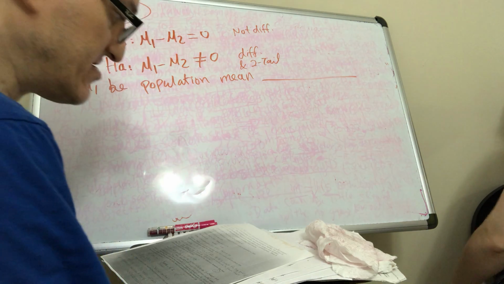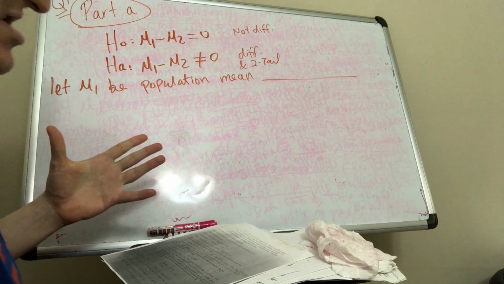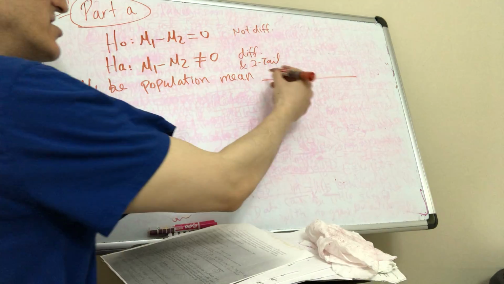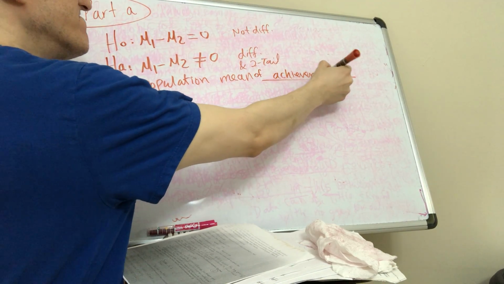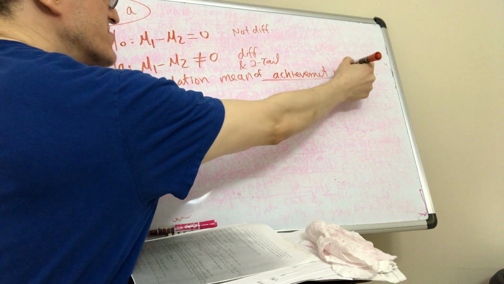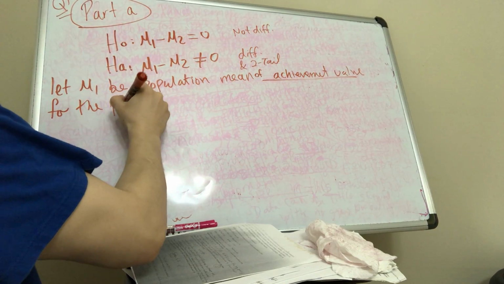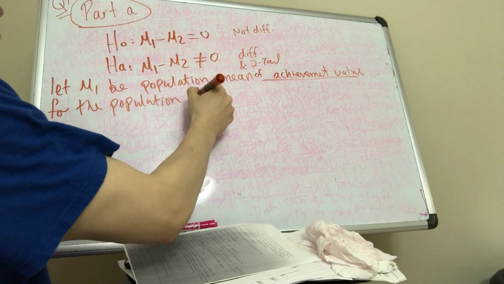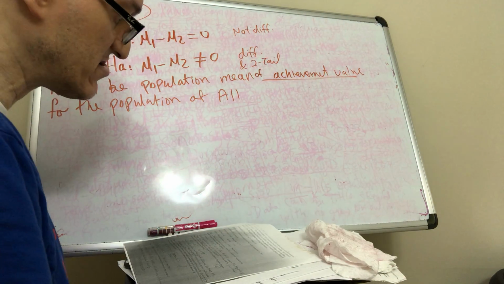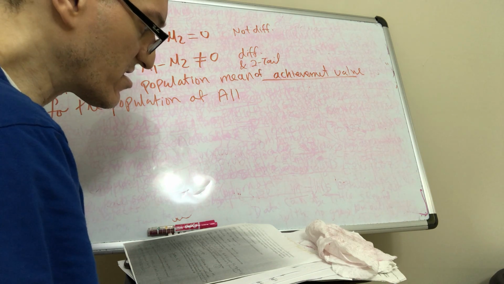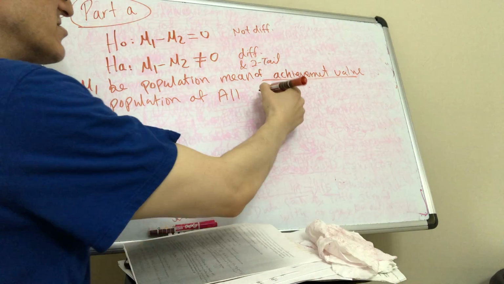The question doesn't indicate very well what the mean is, but I think it's the mean of the achievement level or achievement score for the population of all, and the first group would be the group in Halifax, for all music students in Halifax.